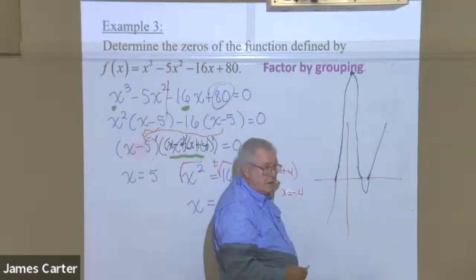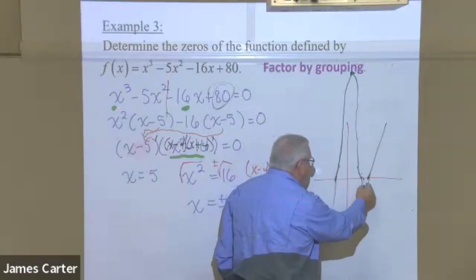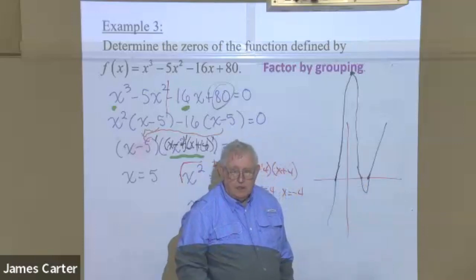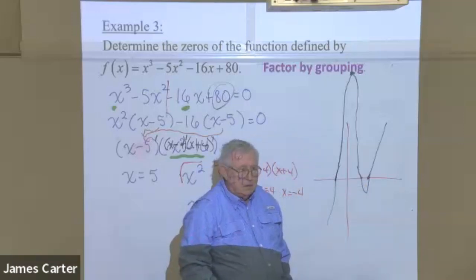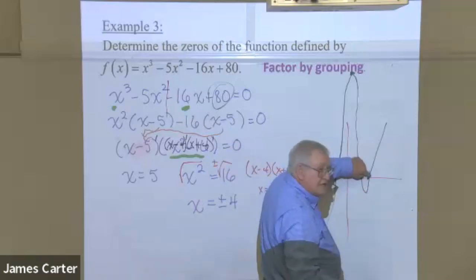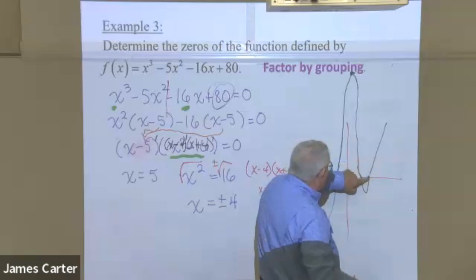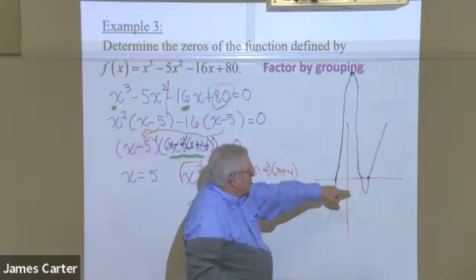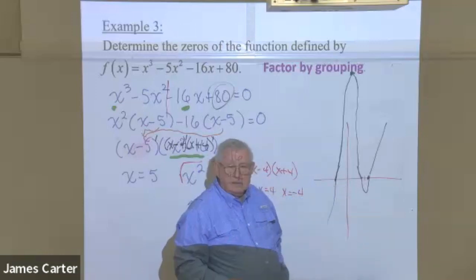Now, how could we find out how deep this one goes if we wanted to? Well, how could we? This is 4, that's 6, right? Let's substitute 5 into that equation and see what value we would get.